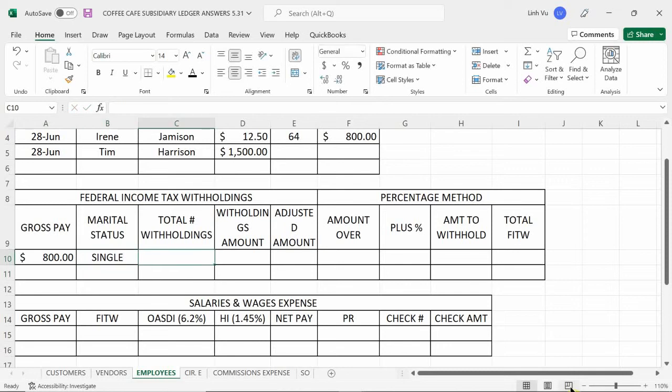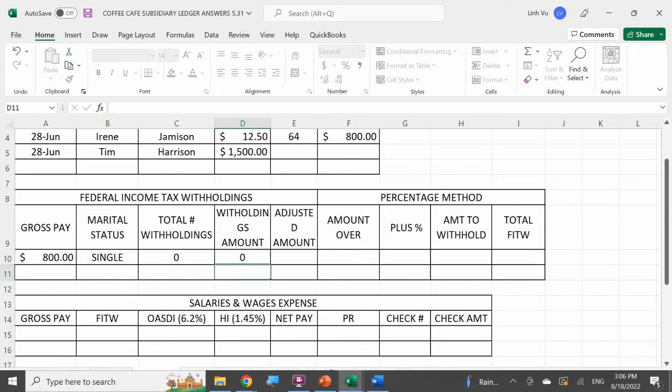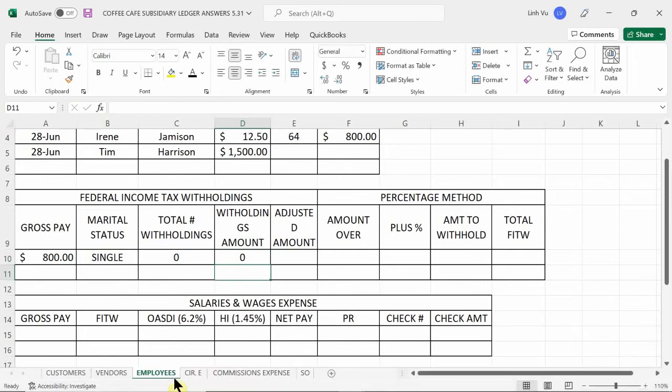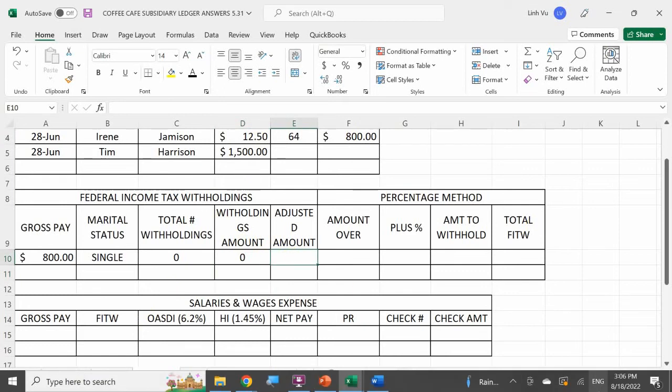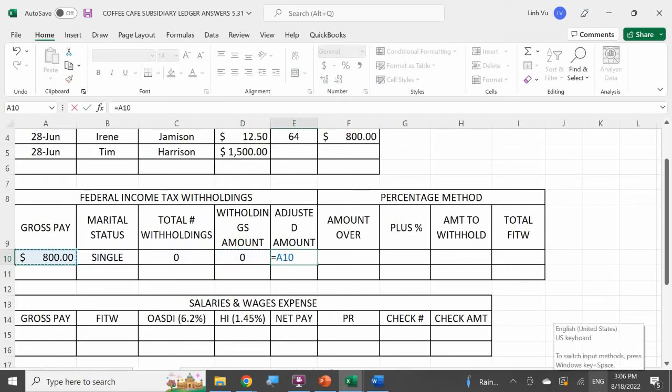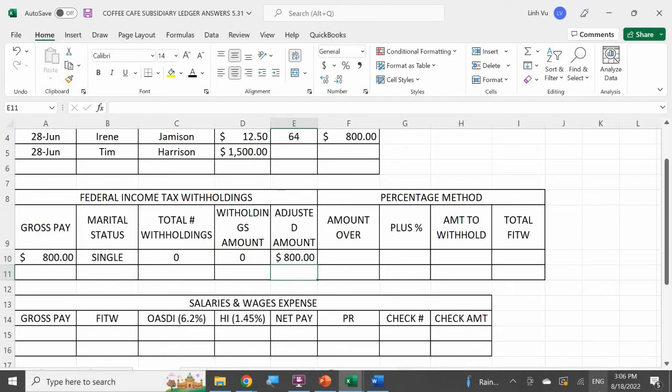Total withholding, she claimed zero, so the adjusted amount is 0 times 0, which gives you $0. So the adjusted amount is the $800 minus any extra withholdings, which leaves $800 subject to tax.